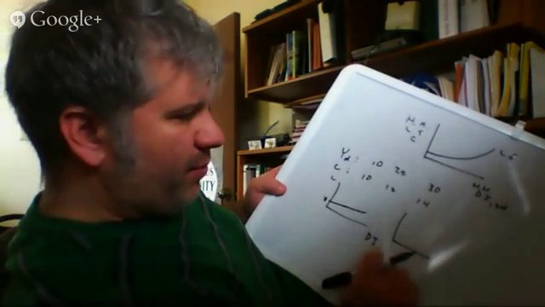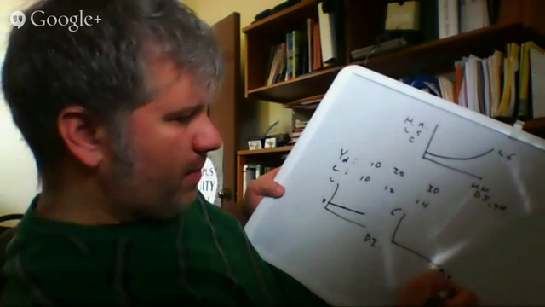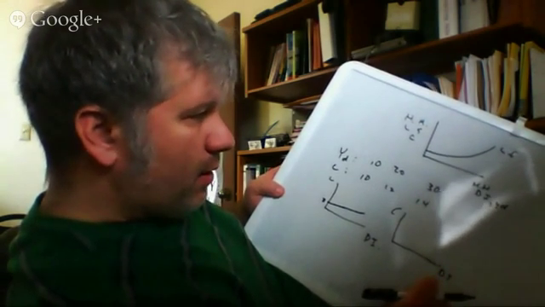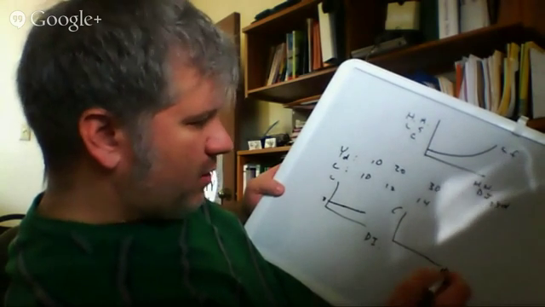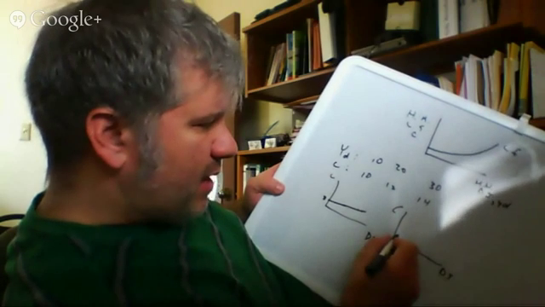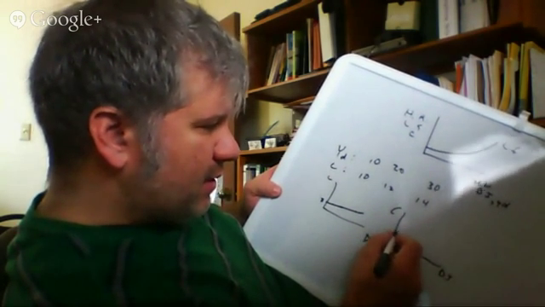If we had plotted the previous one, C, D, I, we'd end up with YD, and we'd end up with 20,000 and 10,000.